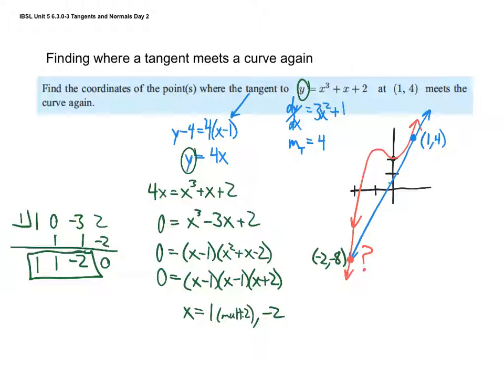Alright, but here I found the coordinates of the point where the tangent line will intersect the curve again. Okay? And that's useful in applications.